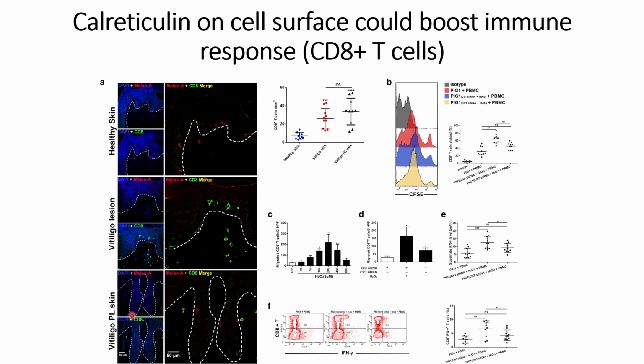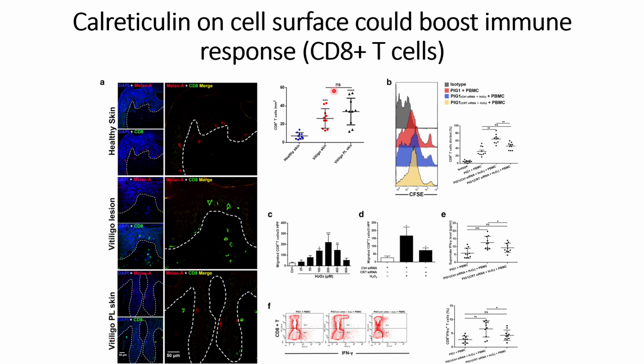Similarly, for the vitiligo PL skin, they also see CD8+ cells, and they are higher than in healthy skin. When they quantified this immunofluorescence staining, the results are statistically significant compared to the healthy skin. However, the results are not statistically significant between vitiligo skin and vitiligo PL skin.